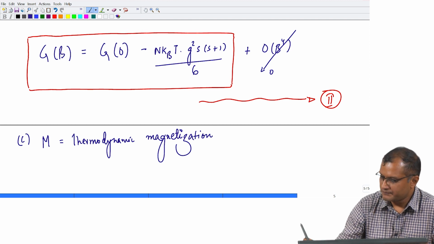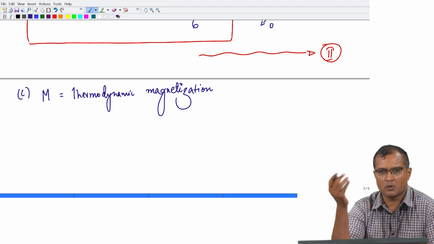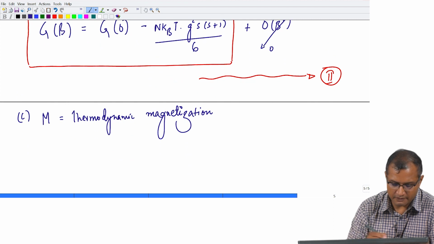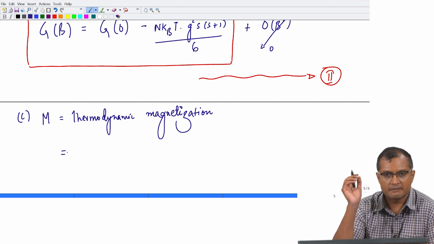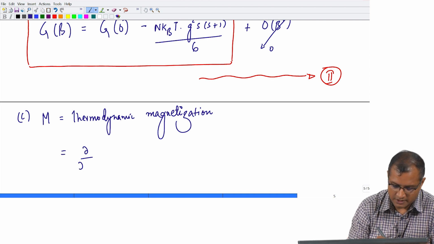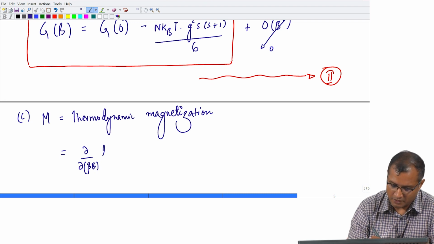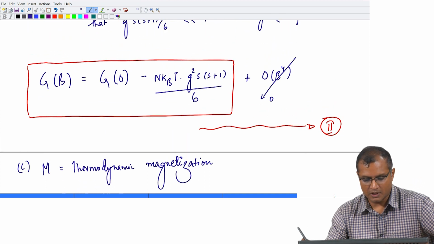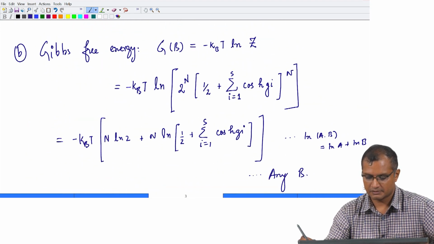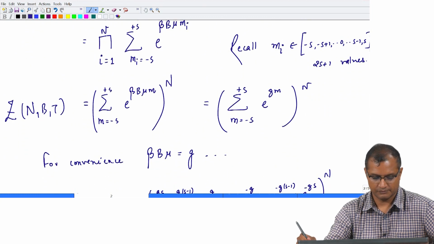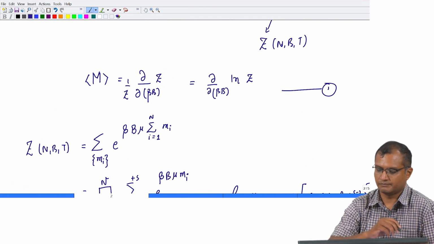So, you can compute this from appropriate derivatives of the Gibbs free energy, and we have already shown that this average magnetization is nothing but d over d beta b of ln partition function. You can go upstairs and refer to that discussion. Yeah, look at equation 1 here.